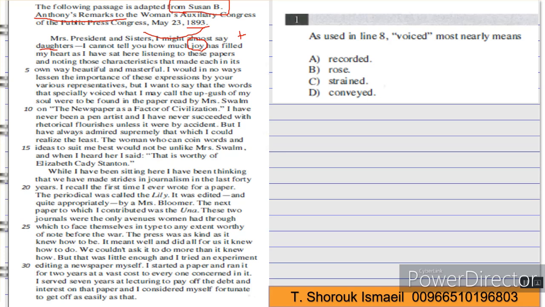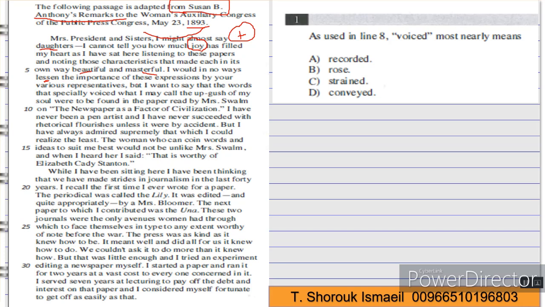Okay, to these papers and noting those characteristics that made each in its own way beautiful, masterful, still the tone is positive. I would in no ways listen means reduce, negative of negative gives us positive.